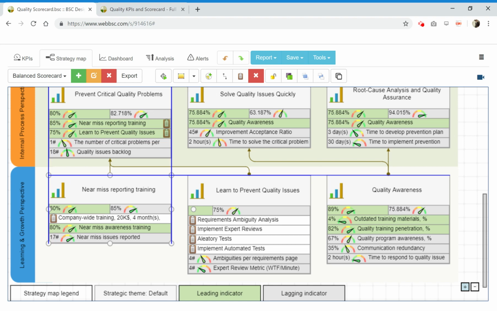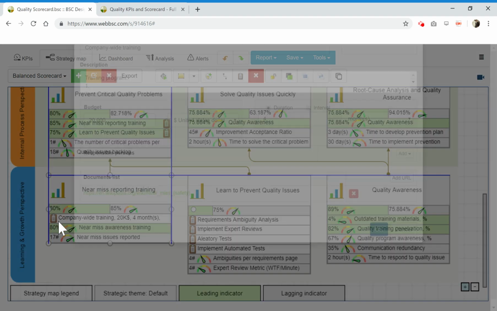What positive outcome do we expect? We expect near-miss issues reported. If our awareness training was a success, then we can expect that people will start reporting some quality issues, and we're going to track it with this indicator. So that's the logic, the difference between leading and lagging indicators. Again, on our website, you will find some articles that explain the difference in detail.